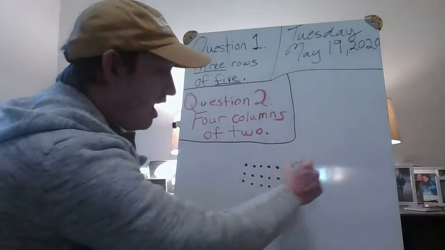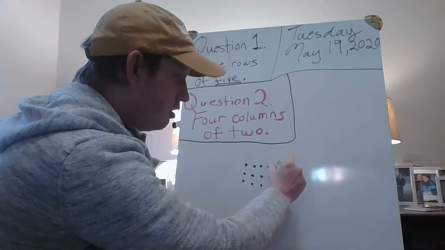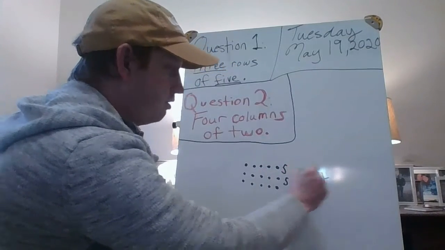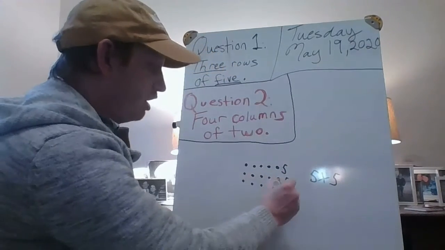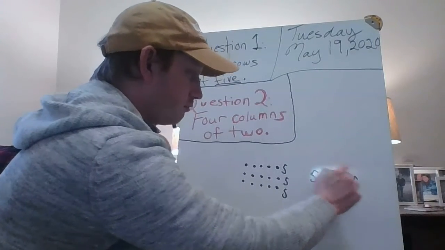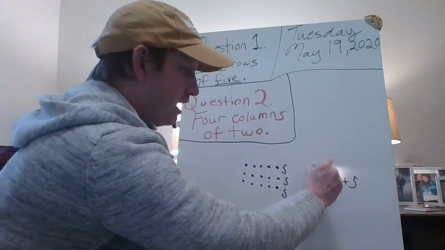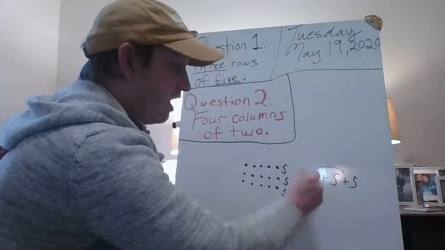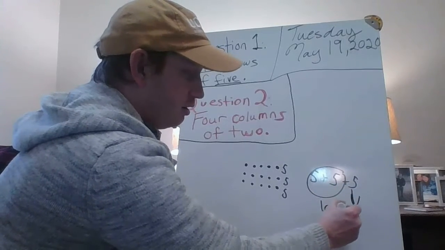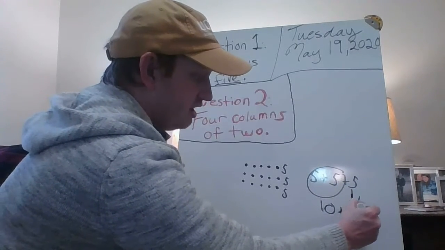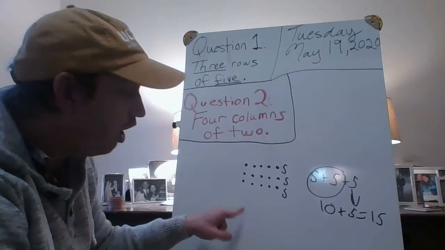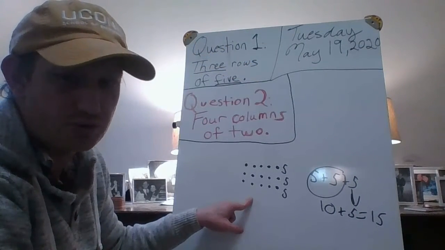We have a row of 5 plus a row of 5 plus a row of 5. And if we add by 5s, 5 plus 5 is 10, plus 5 is 15. So that was one of the equations that we can get from this problem.